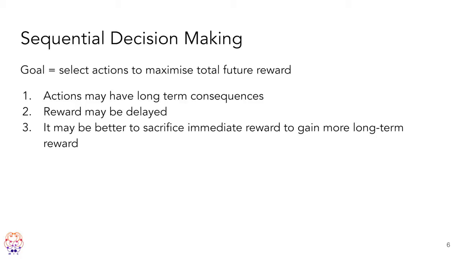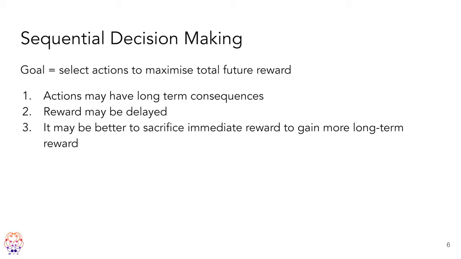And then rewards may be delayed, of course. Like my example previously, you might write something down and then someone might pick it up later and give it to you in the future.